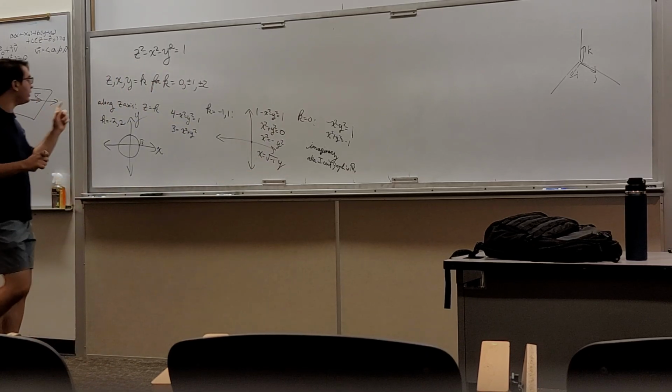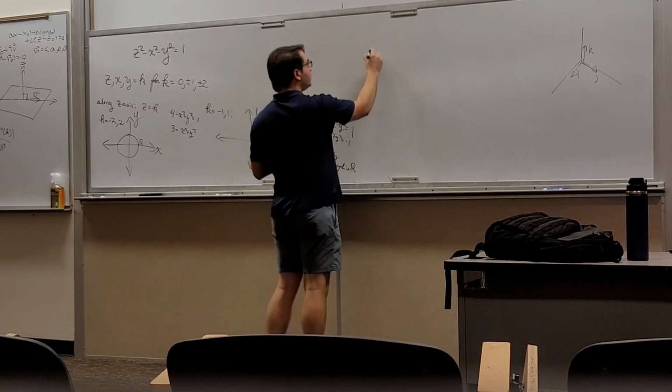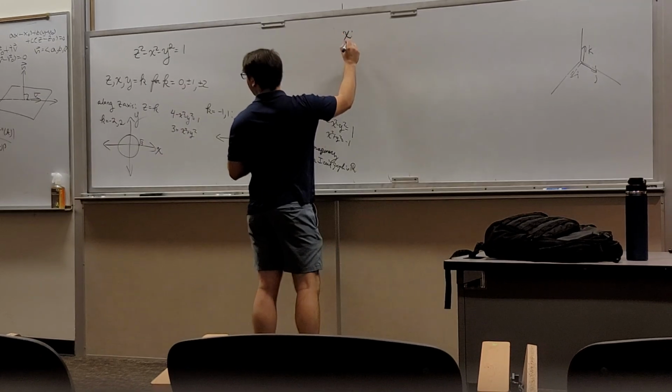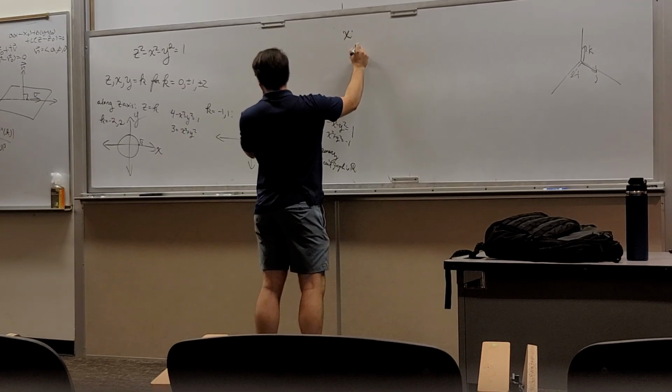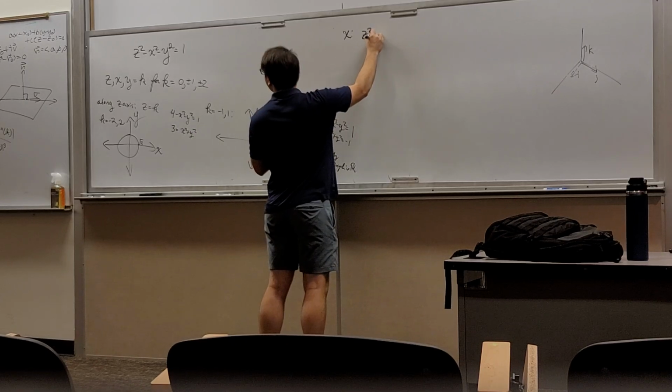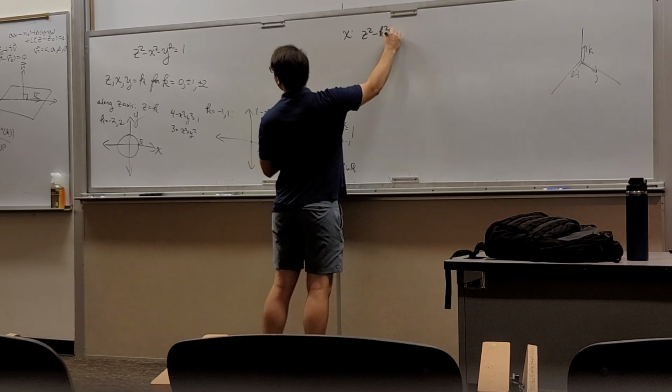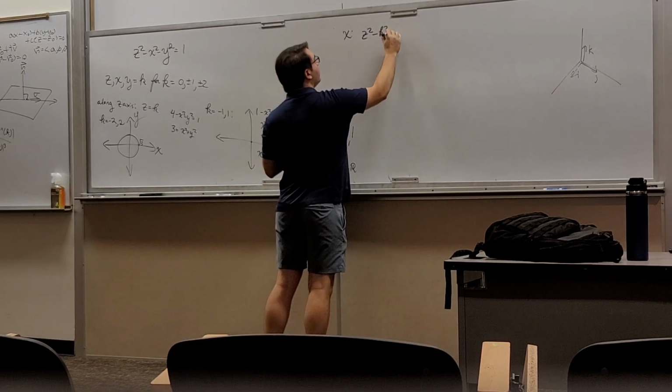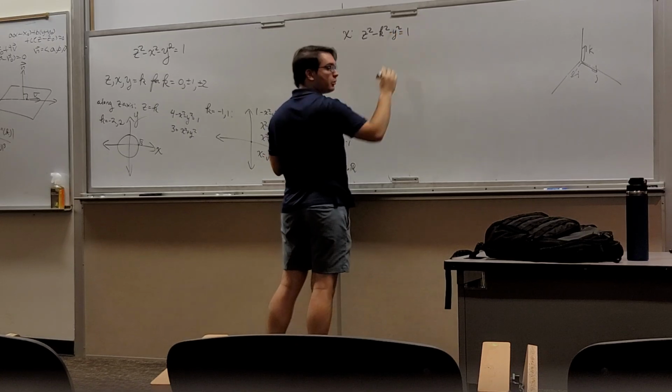Okay, so now let's do it. Z we did, X we can do. Z squared minus K squared minus Y squared equals 1.